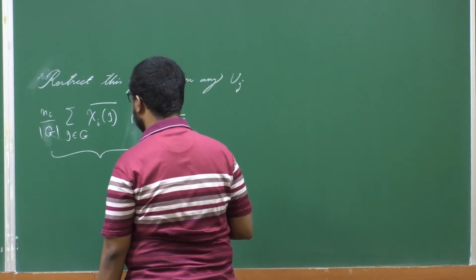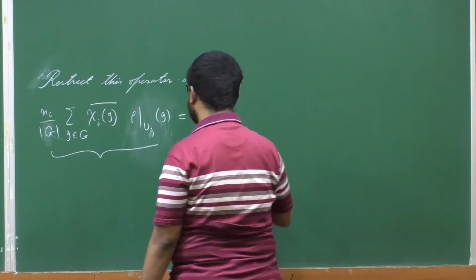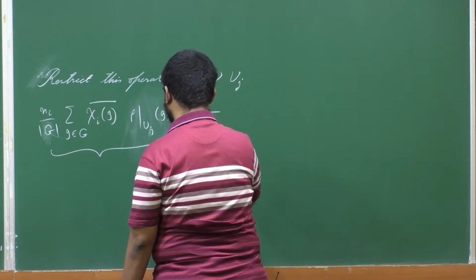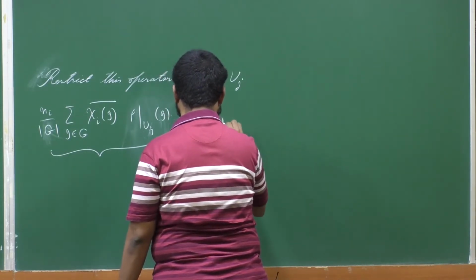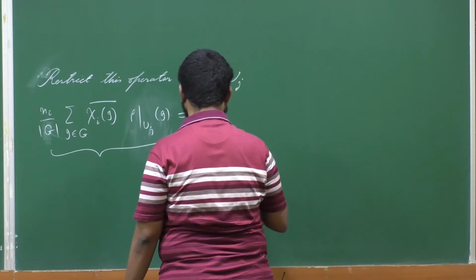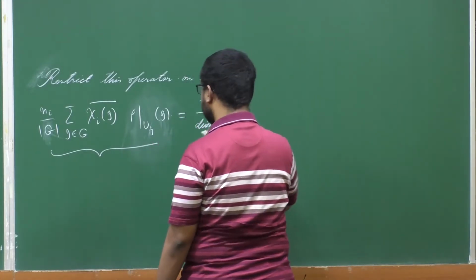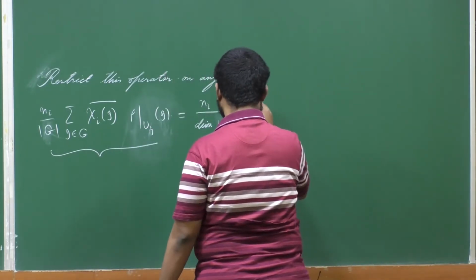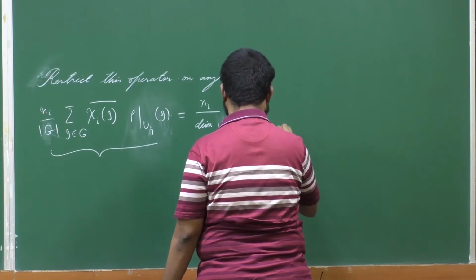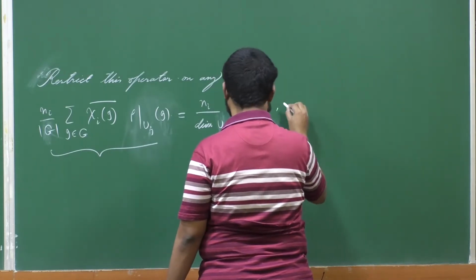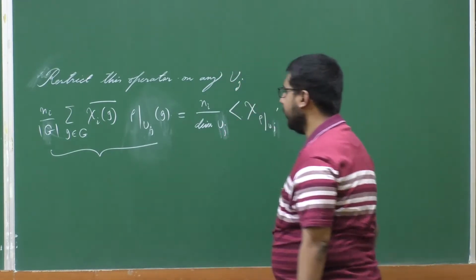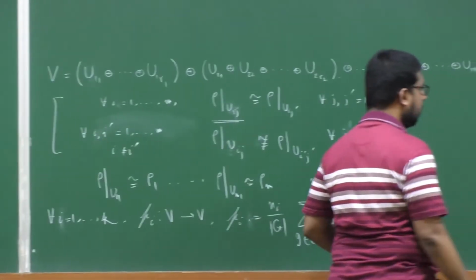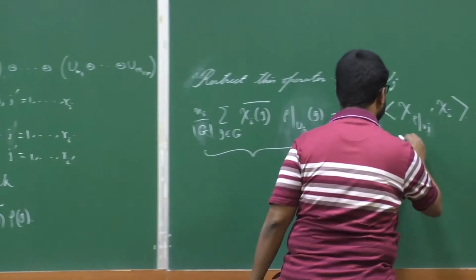That also we observe without any difficulty: it will be n_i times the dimension of U_j, followed by the inner product of the character of this representation with chi_i. So this times identity.